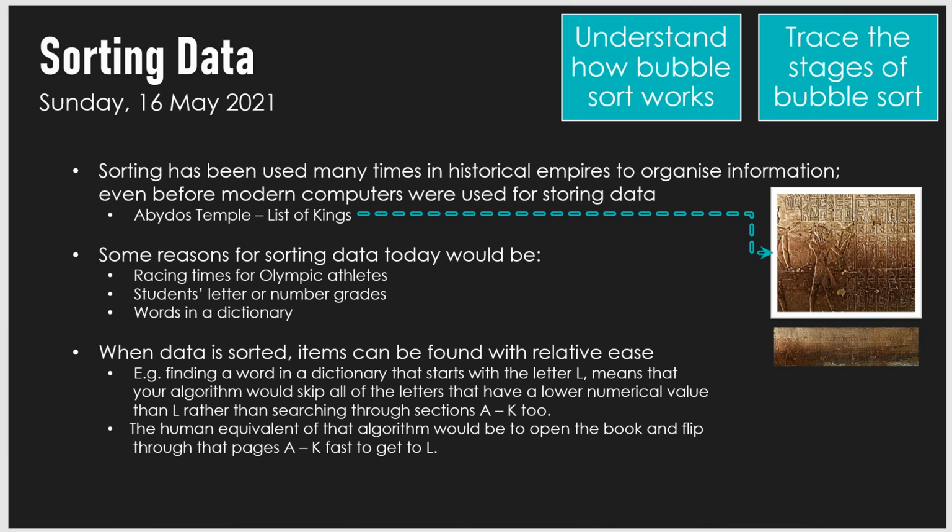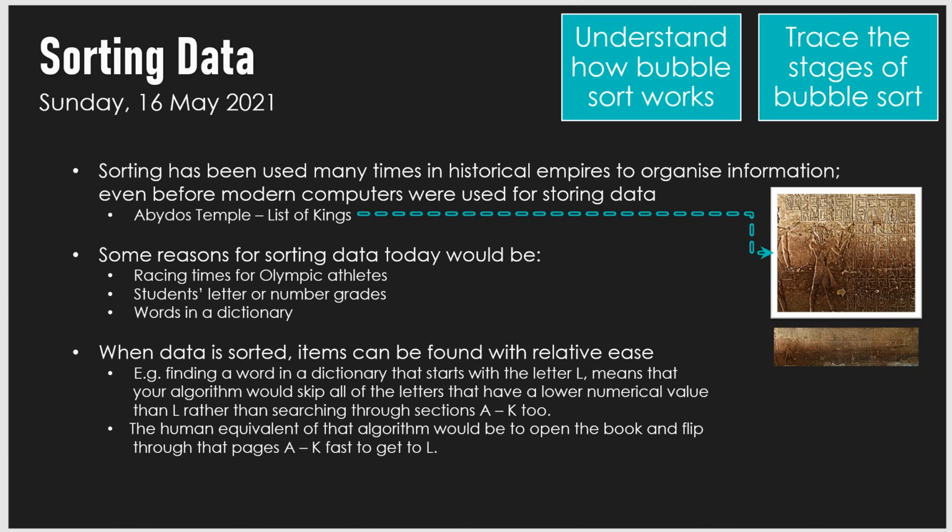Instead of sorting the names of their kings based on the time that they ruled, they sorted them based on an alphabetical value. I'm not really familiar with the alphabet of that time, but the kings with the letter A would go first, and the kings with the letter B would go second, and so on and so forth.